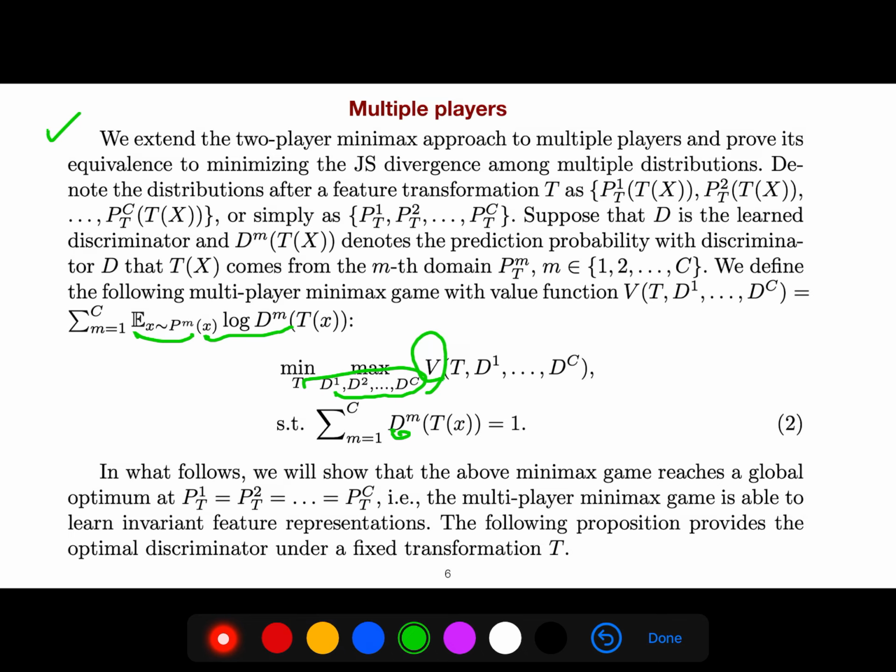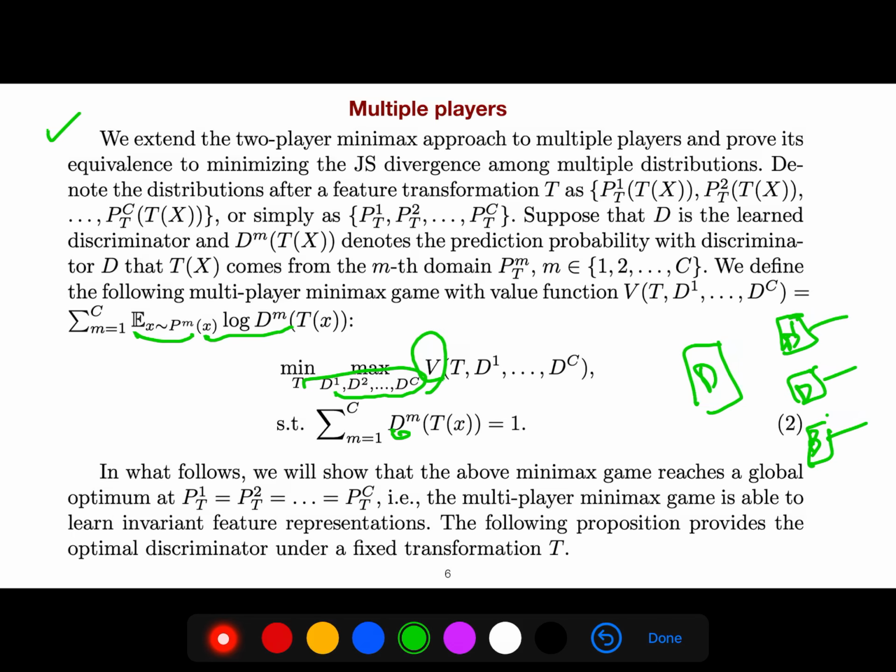multiplayer games, because different domains' discriminators can have different ones. So instead of just one discriminator, they have D1, D2, D3. For each domain, they have their own discriminator.